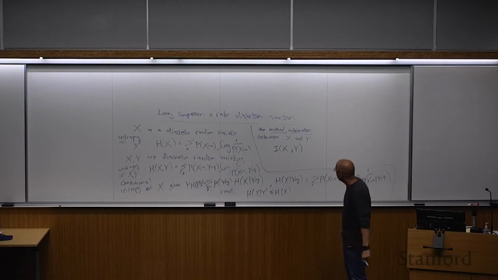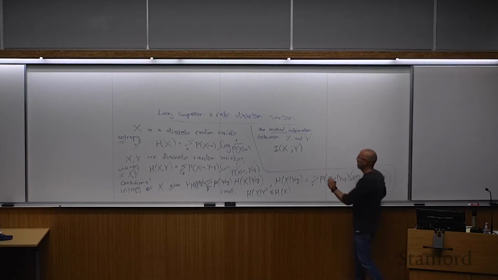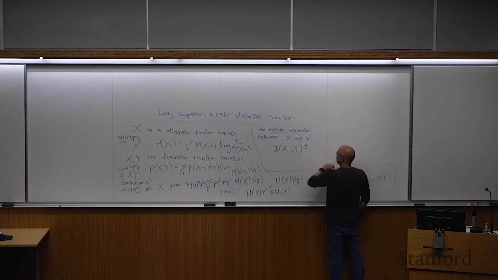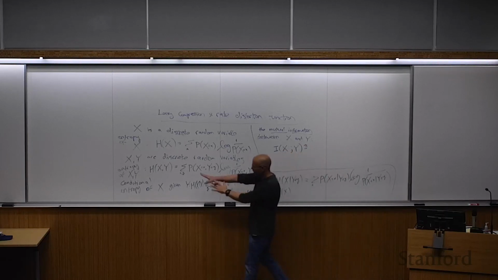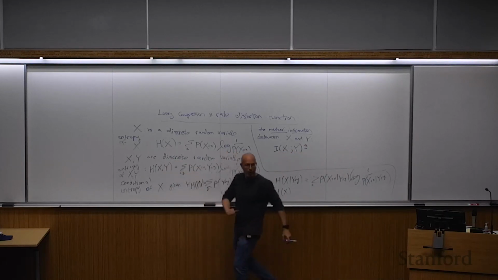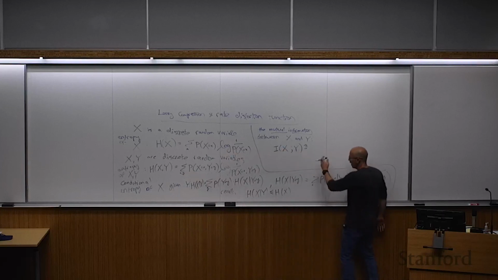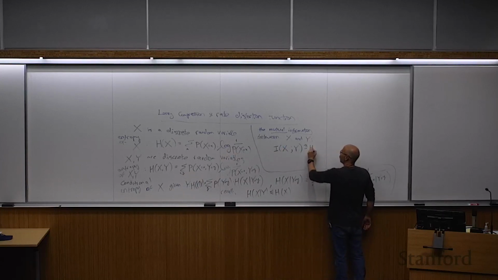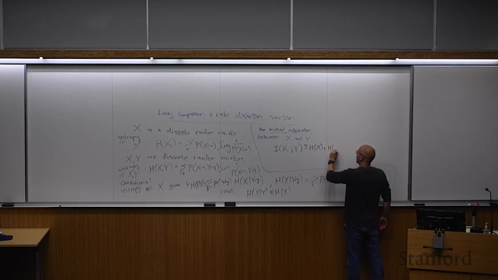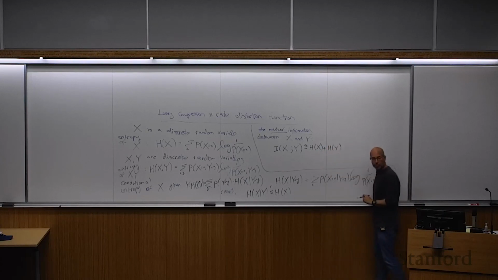is our notation for the mutual information between x and y, which, in our current context of discrete random variables, can be defined as the entropy of one of the variables plus the entropy of the other, minus their joint entropy.